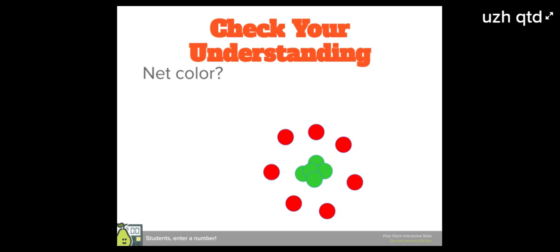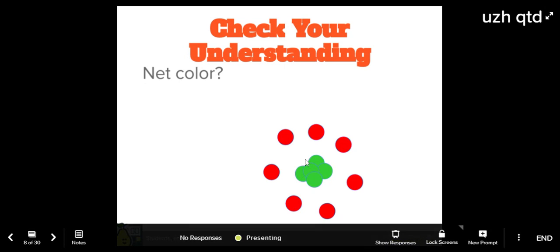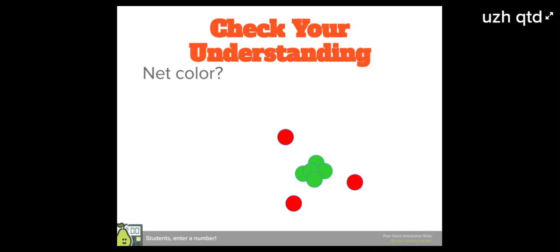2 red. So what we've noticed here is that the greens cannot move, so they haven't changed, but the reds can be added to. Again, 2 green should be your net color because you have 5 green and you have 3 red.